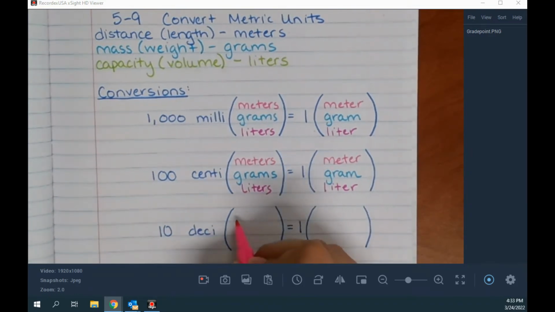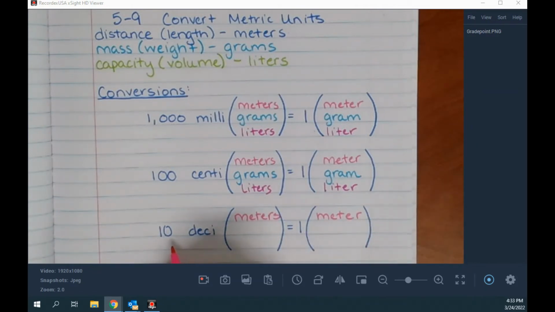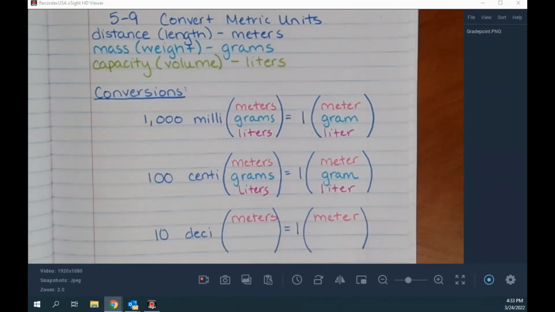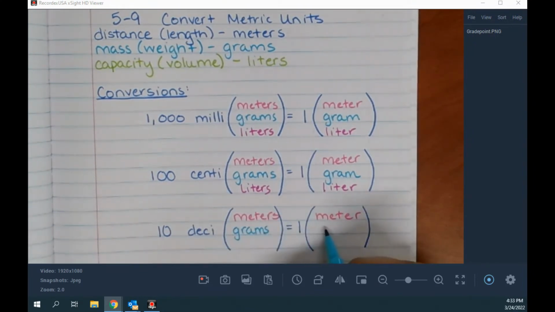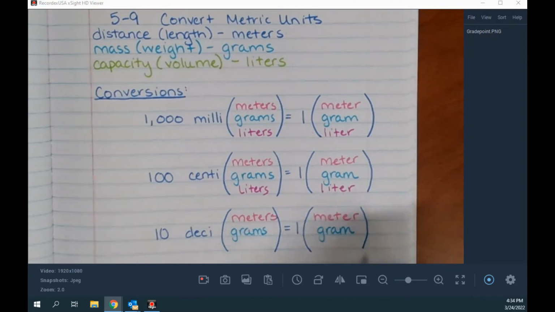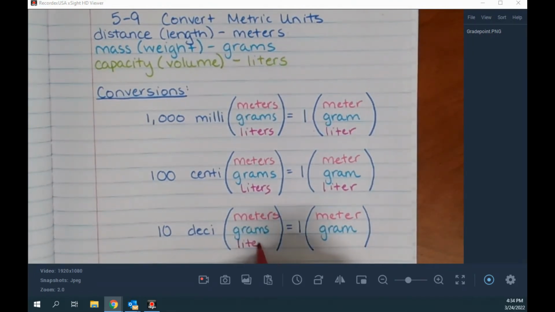So 10 decimeters is equal to 1 meter. 10 decigrams is equal to 1 gram. And finally, 10 deciliters is equal to 1 liter.